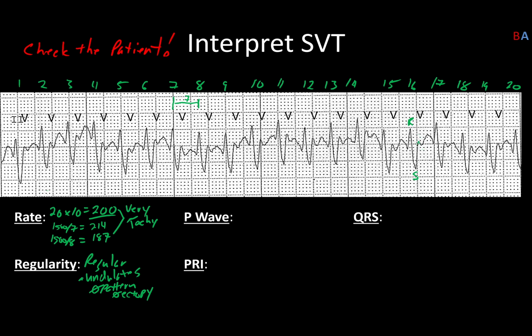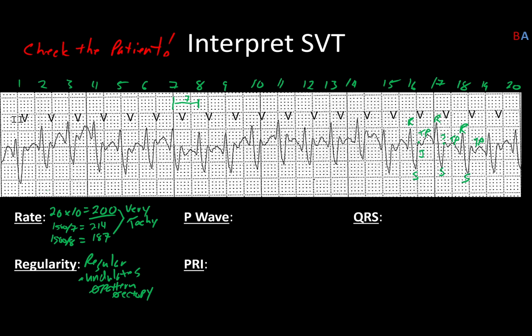That right there, sorry, is your J point. And this is your T wave and P wave combined. And you have R, S, it's your J, and then this is your T and P, R, S, TP. Okay, that hopefully gives you an idea of what we're looking at across here.